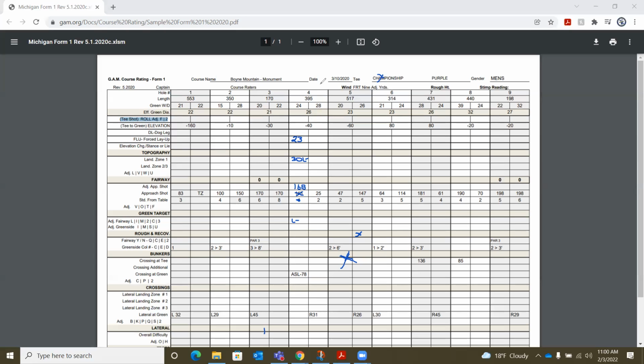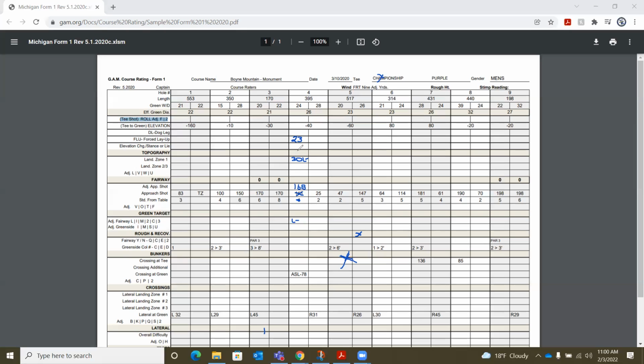All right, and then let's talk through the other thing that's in the book. When we're talking about doglegs and layups, the largest value that we can put in the computer when we're putting the rating together is 50. However, we're still going to adjust our approach shot length to the actual amount.